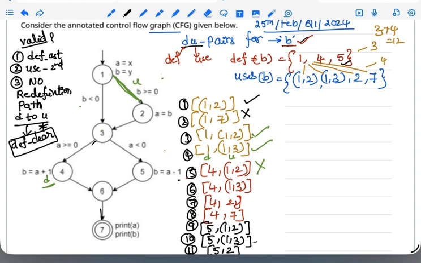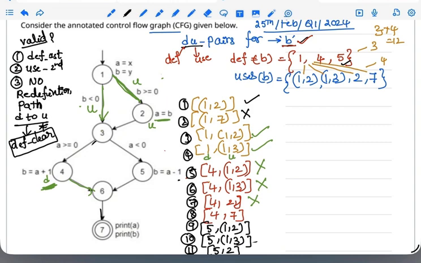Next, 4 to (1,3). How do you go from definition to use? There is no path, no backward edges, so this is not a def-clear du-pair. Next, 4 comma 2: definition at node 4 and use at node 2. How do we go? This is also not a valid du-pair.